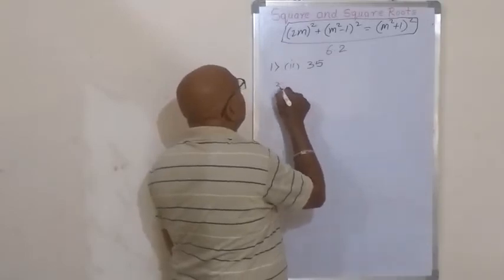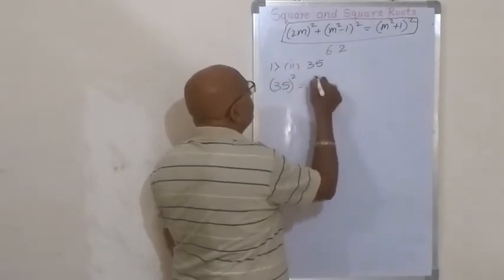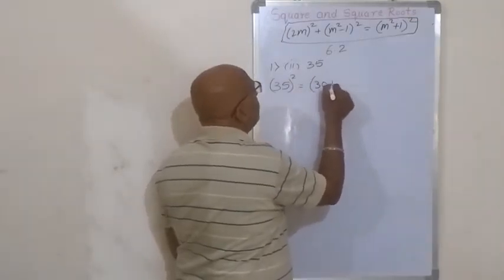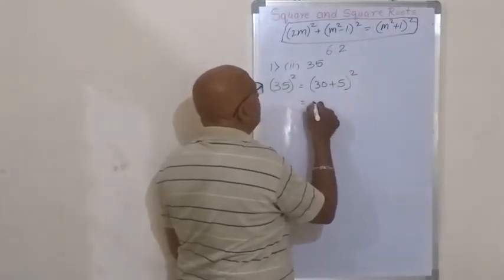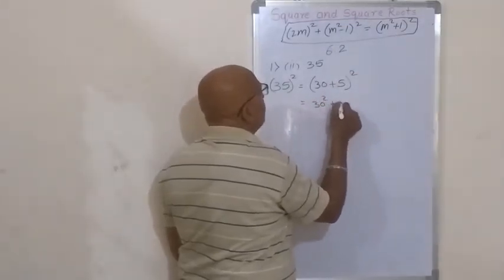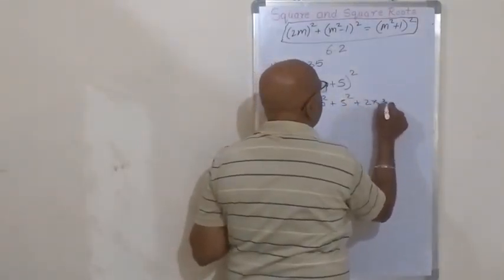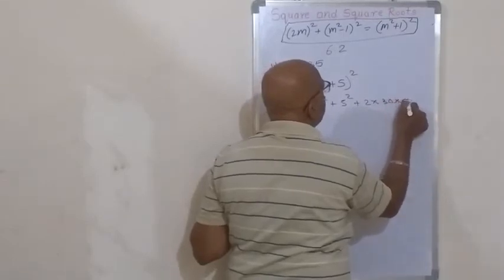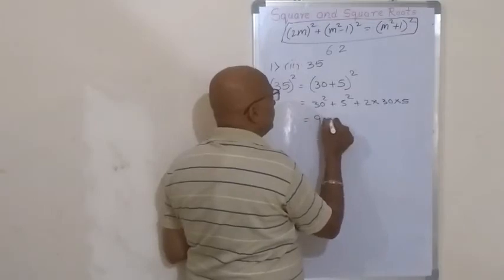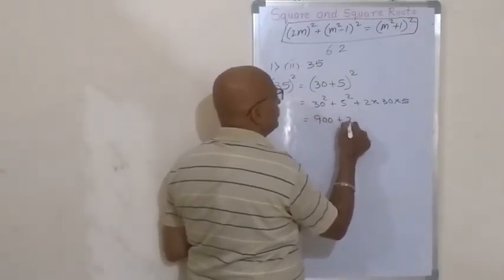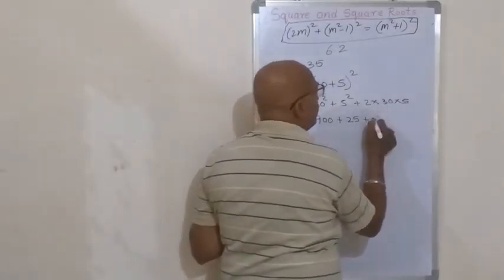So I will write 35 square equal to 30 plus 5 whole square equal to 30 square plus 5 square plus 2 into 30 into 5.